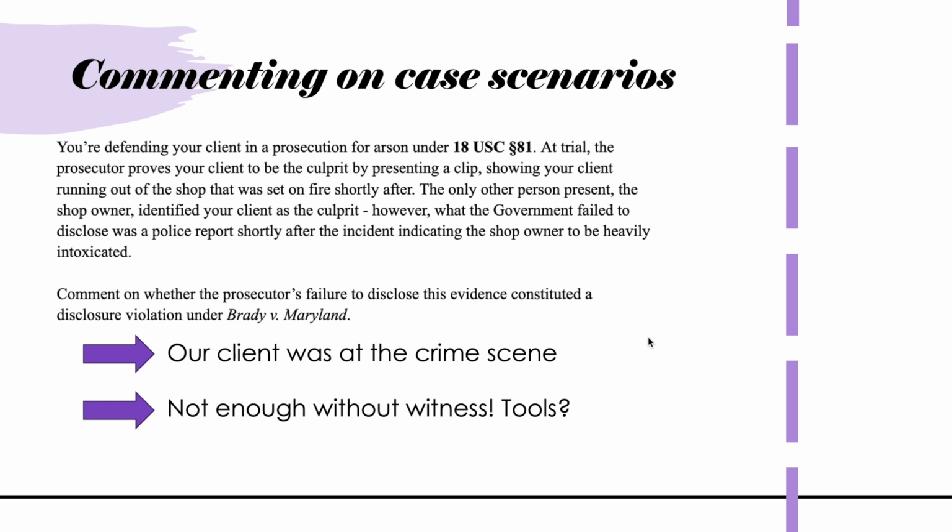Yes, it can be shown that our client was at the crime scene because the clip, a recording of, say, a security camera, whatever the clip was, shows that our client was at the crime scene shortly before, well, the crime. However, that's not enough to satisfy the burden of proof of beyond reasonable doubt without the witness.